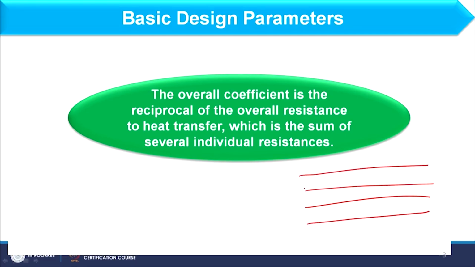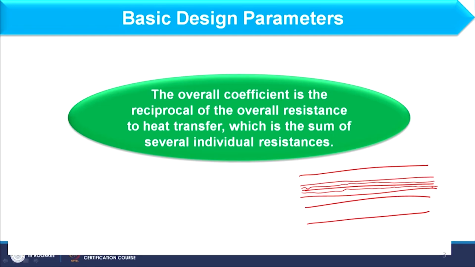If you consider the outer surface of the inner pipe, then what will happen? There must be some scale formation. At the inner surface also there must be some scale formation. It will not be uniform, somewhere thickness is more, somewhere thickness is less, and above that we have the fluid film. Above that we have the fluid film.